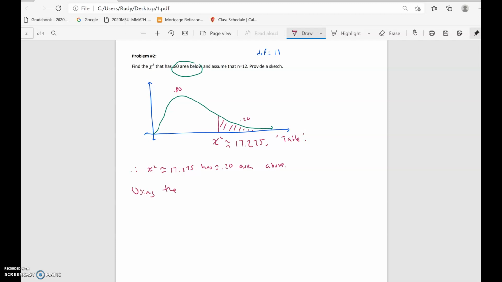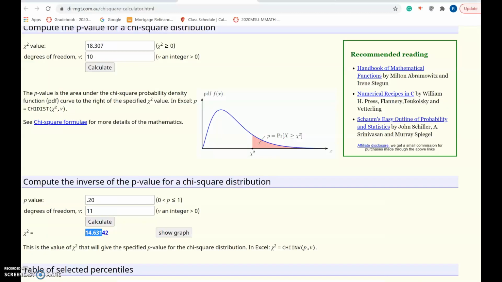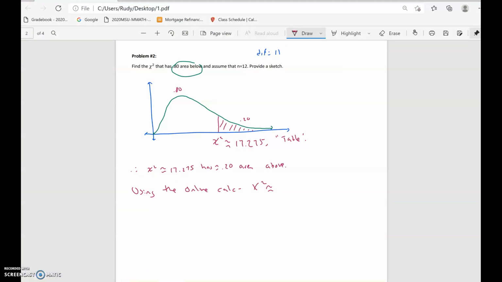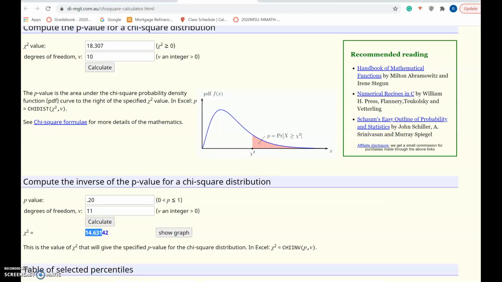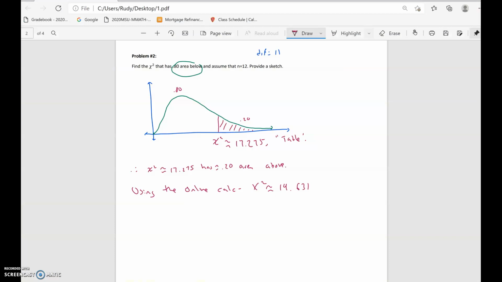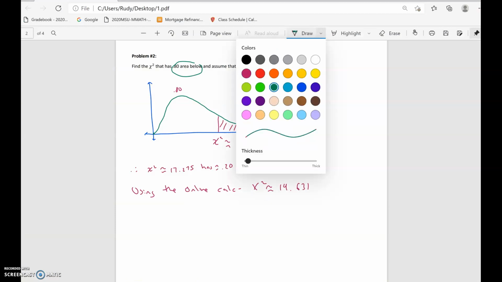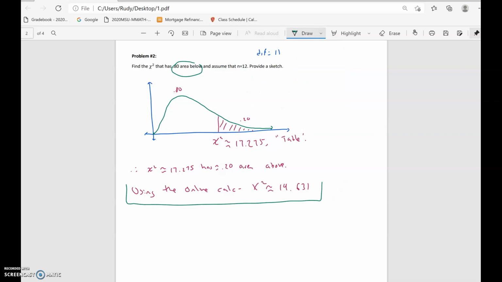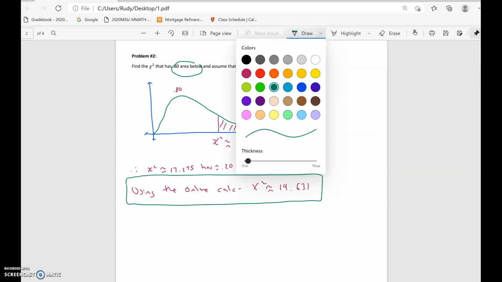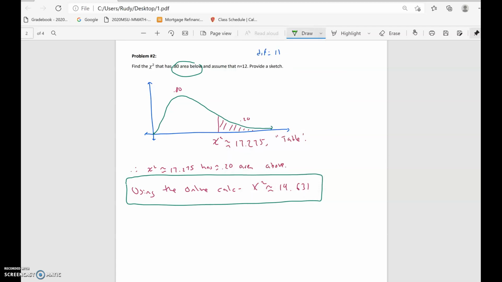Using the online calculator, the chi-square value is actually 14.631. Now, I wouldn't ask you to find it all these ways, but you do have to look at the homework, and some of the problems are going to be asking you to use software.